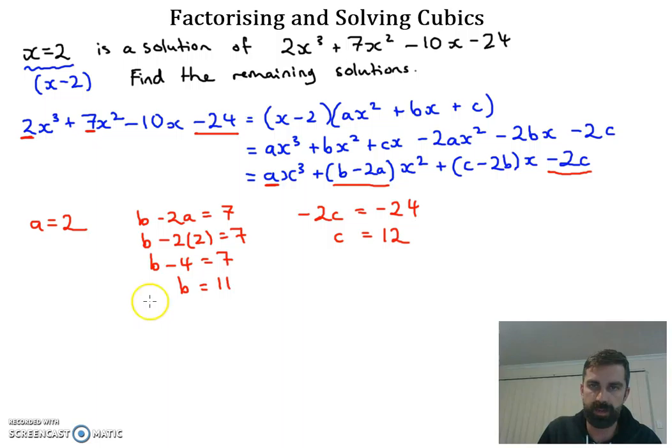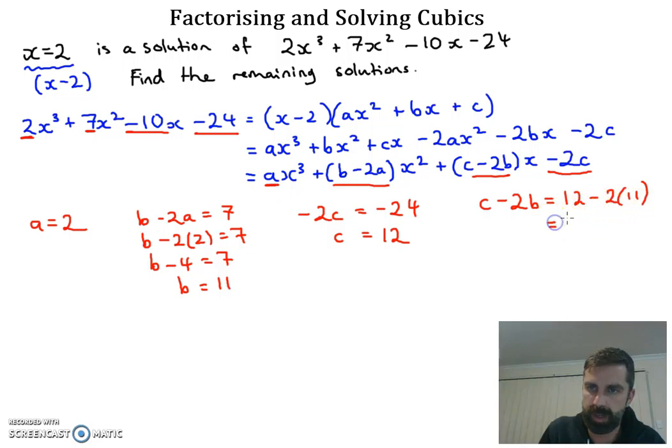So I've actually got a, b, and c already. I don't even need to do this last one, but I may as well do it anyway just to check. So c take 2b equals 12 take 2 times 11, and that's 12 take 22, which is negative 10, as we would expect. So we've got that right.